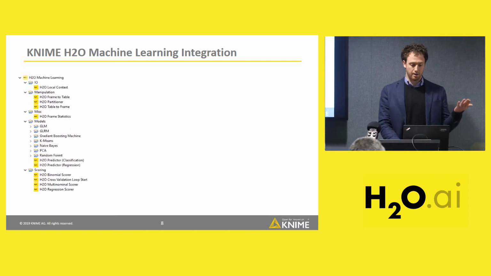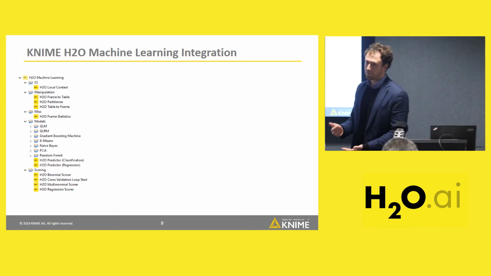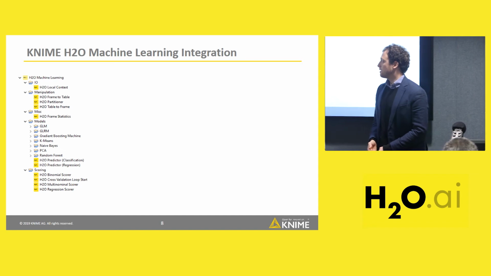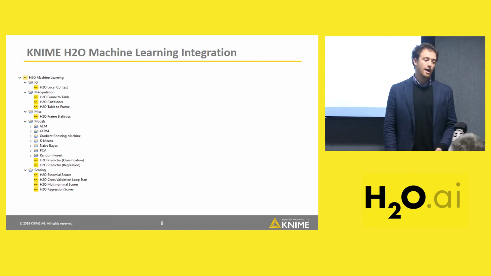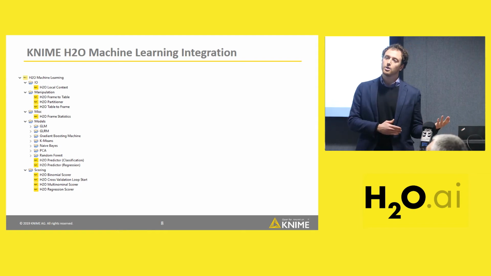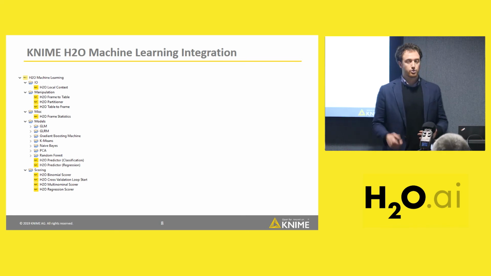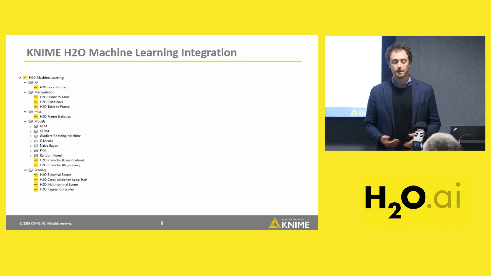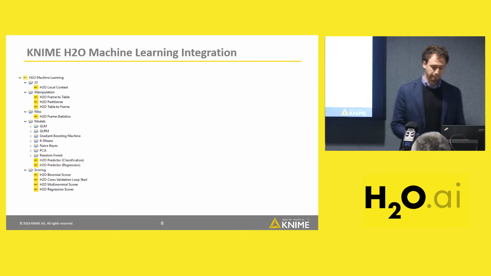Well, you will recognize many of the models you know from H2O. So you have GLM, GLRM, gradient boosted machines, and also some other nodes that will be used to move from KNIME to H2O, and from H2O to KNIME, and also to score them, right? And to use them to make predictions.